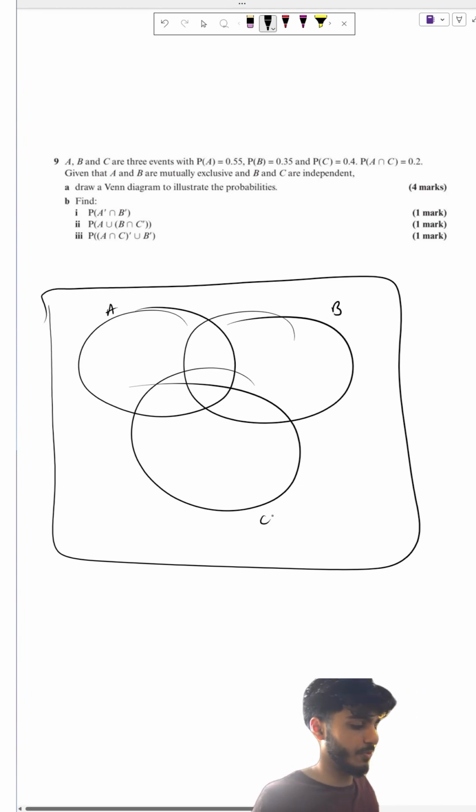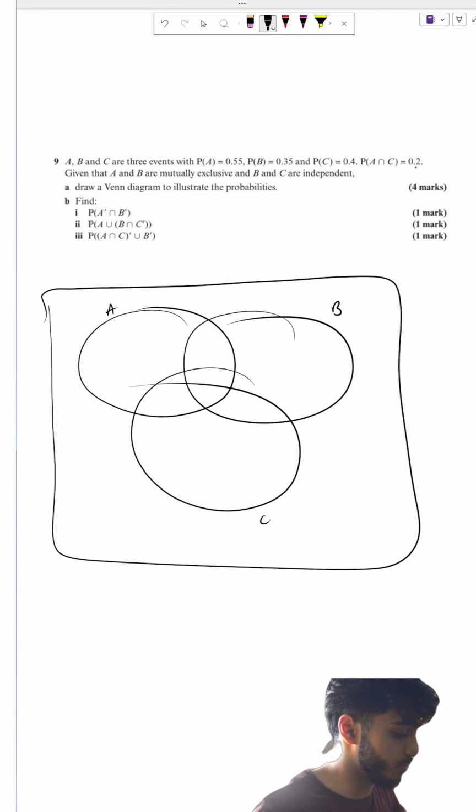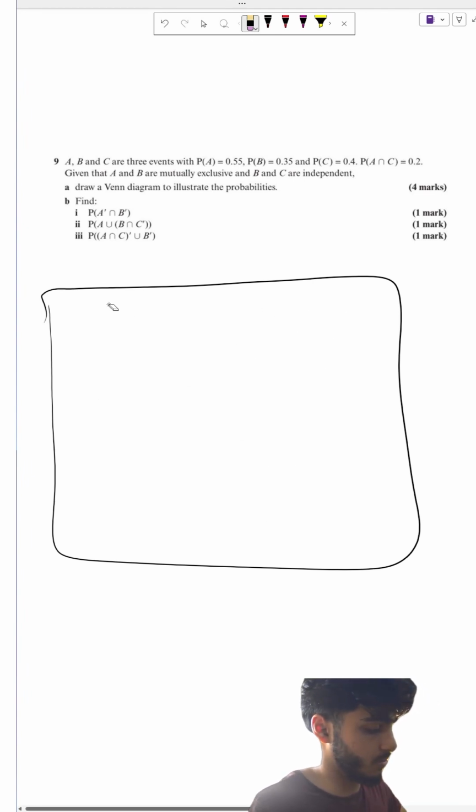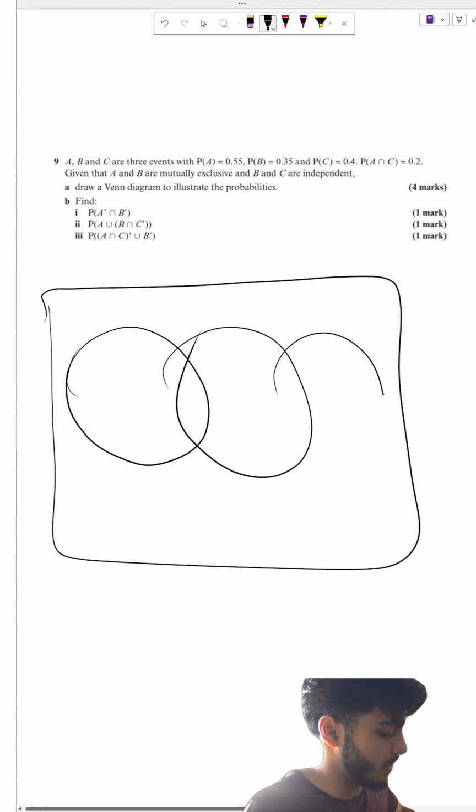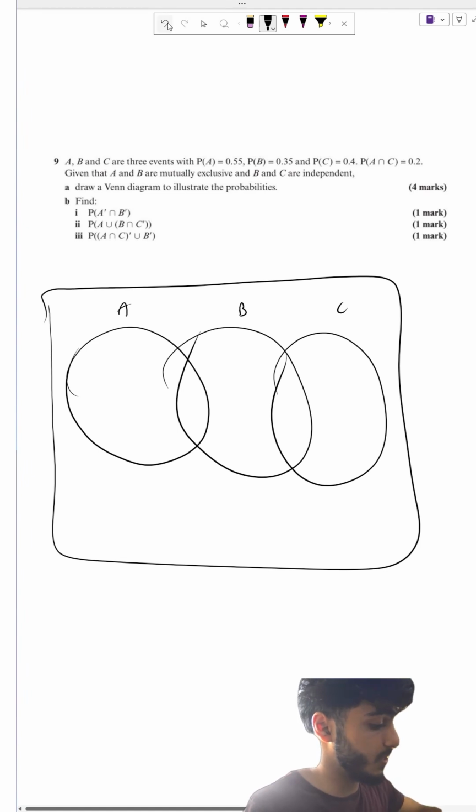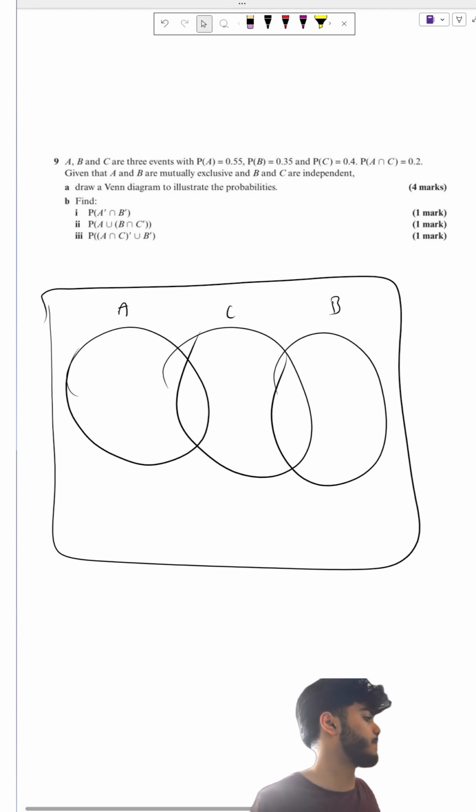Probability of B is 0.35, and probability of C is 0.4. The probability of A and C is 0.2, and A and B are mutually exclusive. Oh, okay, so they don't have to be like that. It's actually gonna be like so, because A and B are mutually exclusive. That just means that they can't happen at the same time.